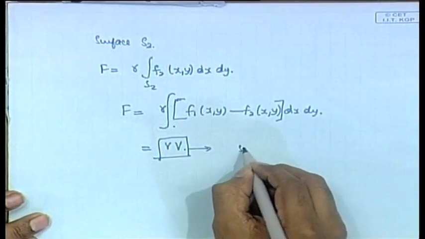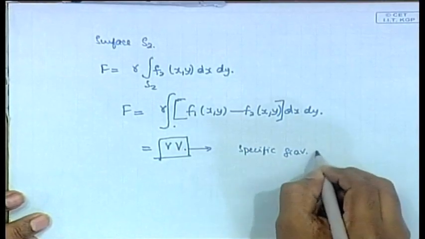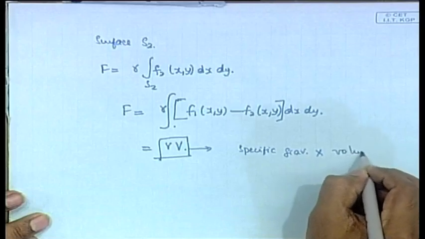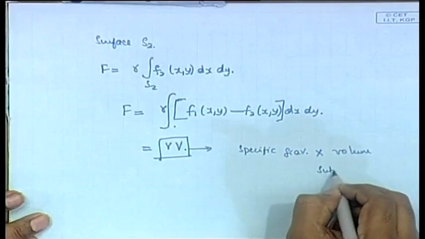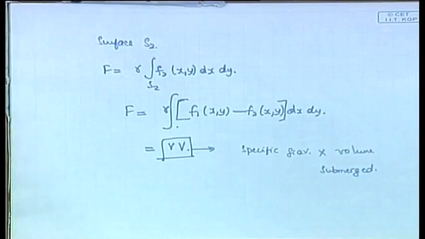So, specific weight into volume submerged. This is a very rigorous, proper mathematical derivation for the Archimedes principle, the Archimedes buoyancy force.